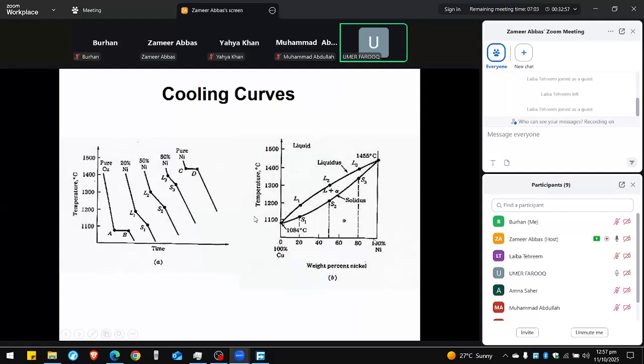So for pure nickel, now these points, so pure metals A, B, and C, D, and for these alloys, the range is, for pure metals, these points, and for alloys, these ranges.